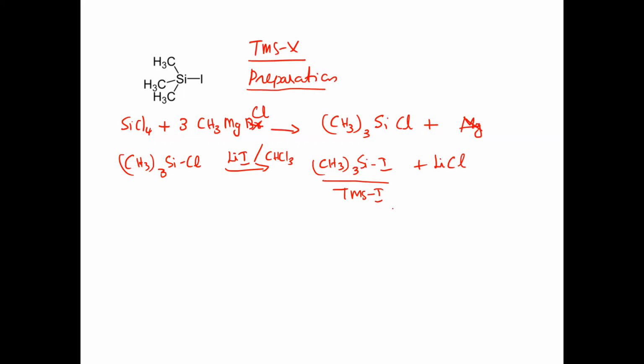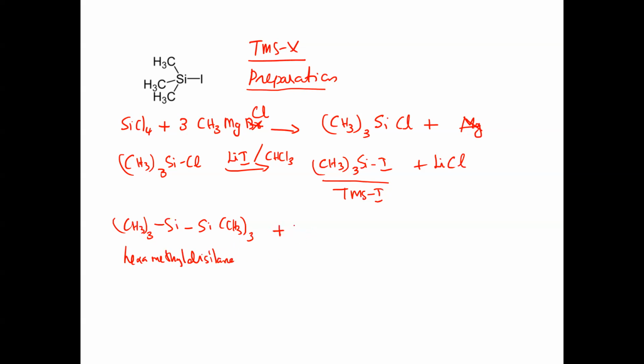Another way of preparing the compound is from (CH3)3Si-Si(CH3)3. It is called hexamethyl disilane.